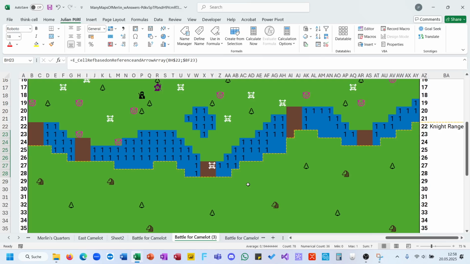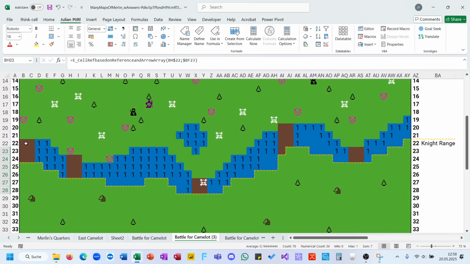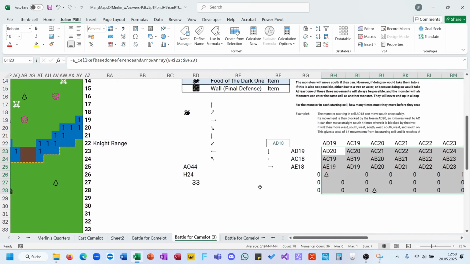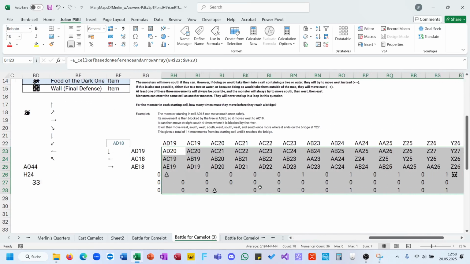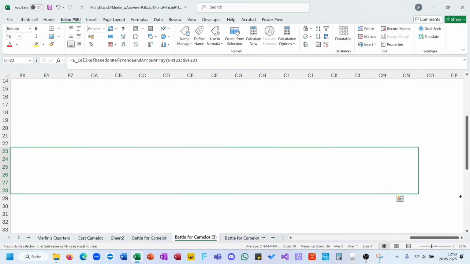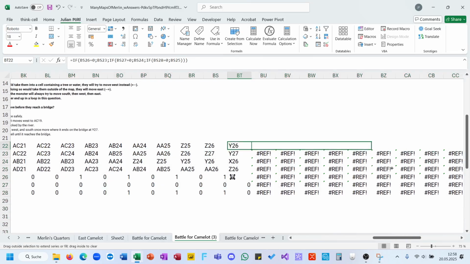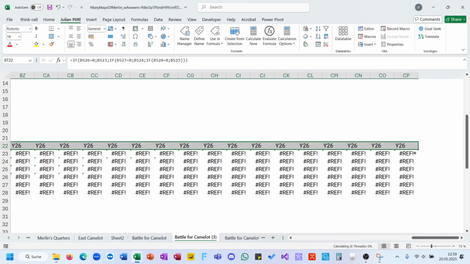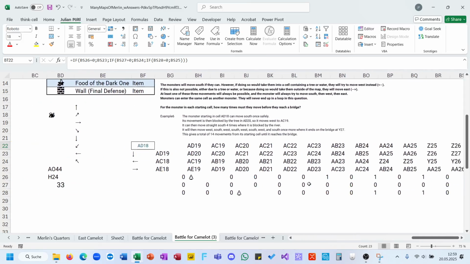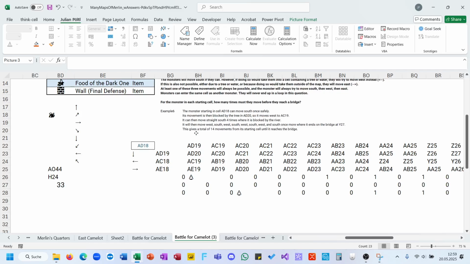Okay, now I need to find out when I'm at the bridge. So in this case, somehow 14 movements. Okay, let's track this even longer. Sequence 40.